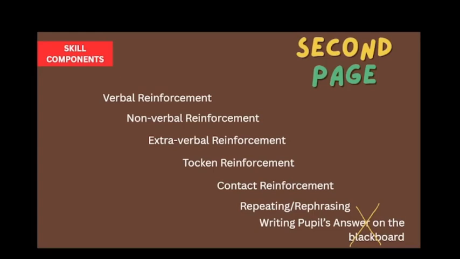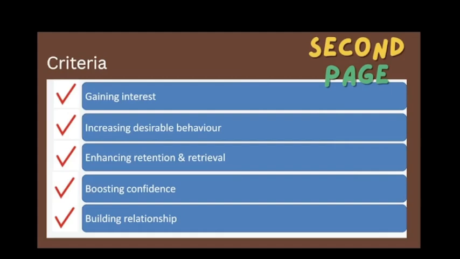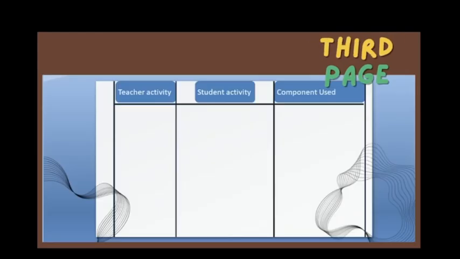And the second page should contain the skill components and also the criteria for assessment. And finally, the last page or the remaining pages can contain a table with 3 columns for teacher activity, student activity, and the component used.